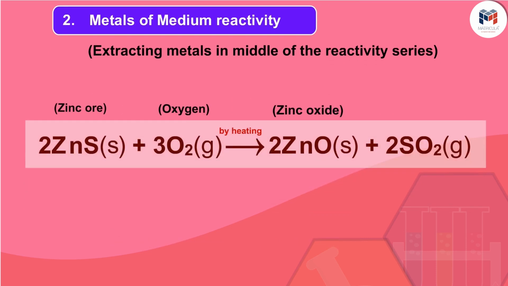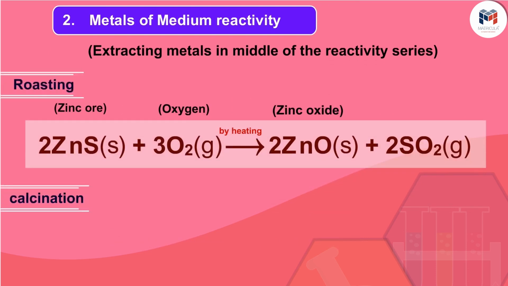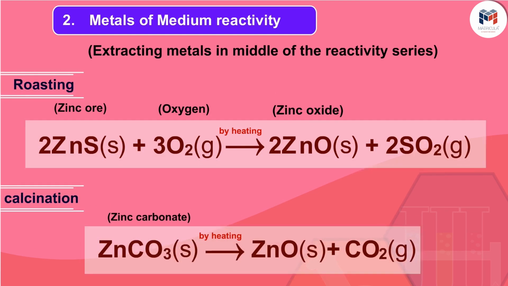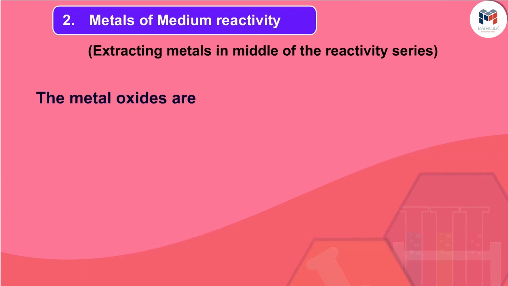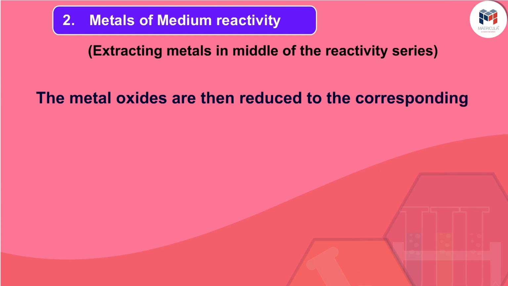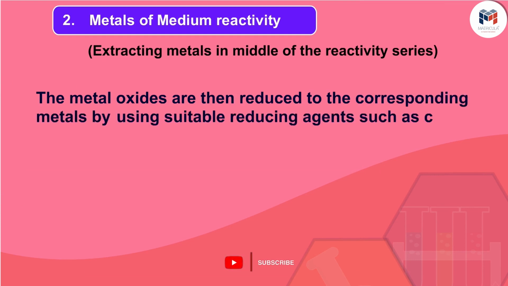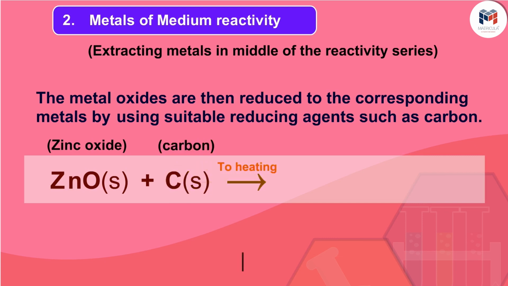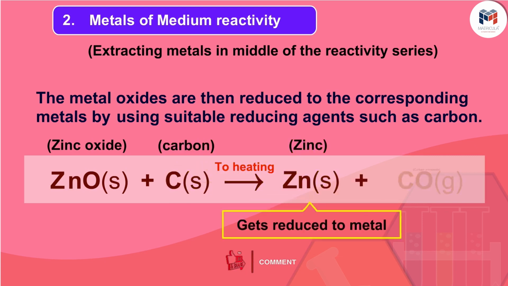The chemical reactions that take place during roasting and calcination of zinc ores are shown. The metal oxides are then reduced to the corresponding metals by using suitable reducing agents such as carbon. For example, when zinc oxide is heated with carbon, it is reduced to metallic zinc.